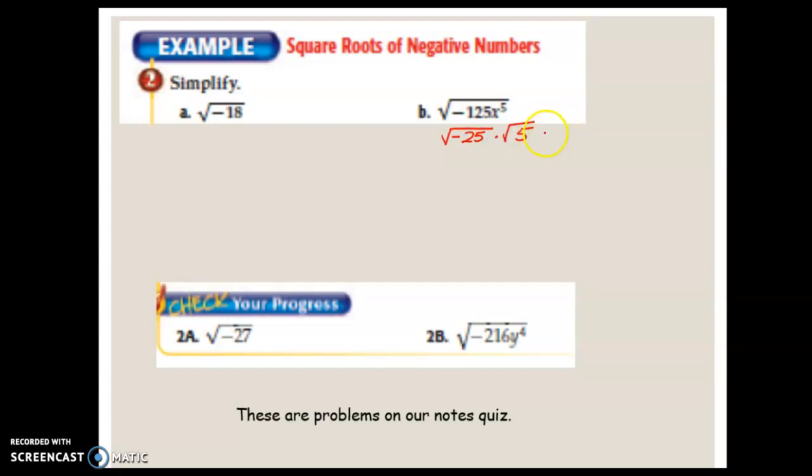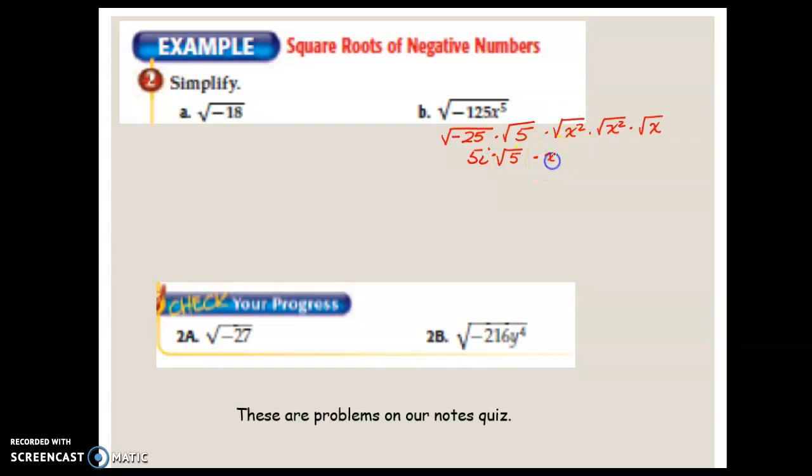And then you've got the square root of x to the fourth. We take these out as 2's because if it's a square root, I need 2 of these to bring 1 out. So that would be x squared, 2 of them, x squared, 2 more of them, and then 1 x is left. So this right here is 5i. This is the square root of 5.